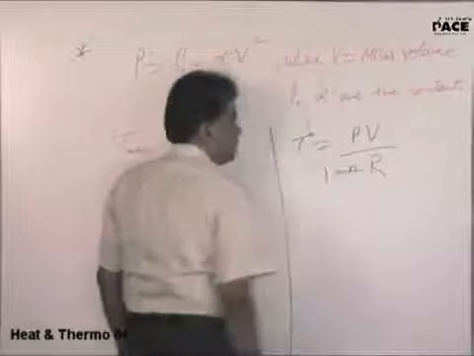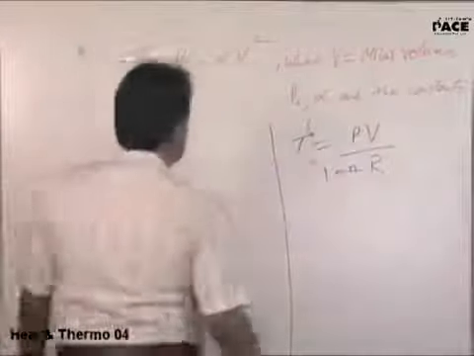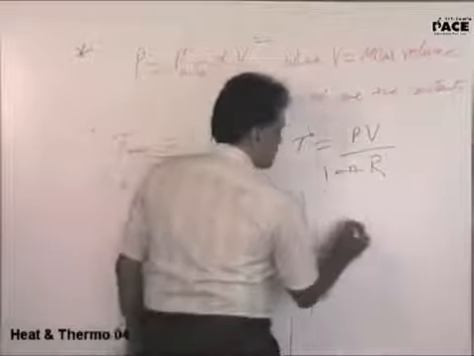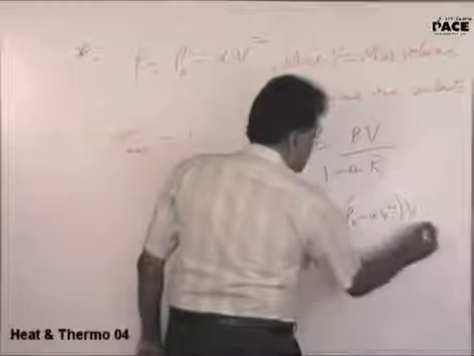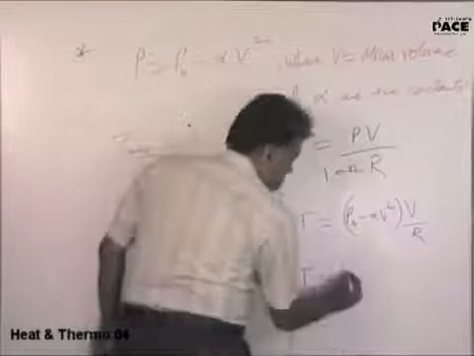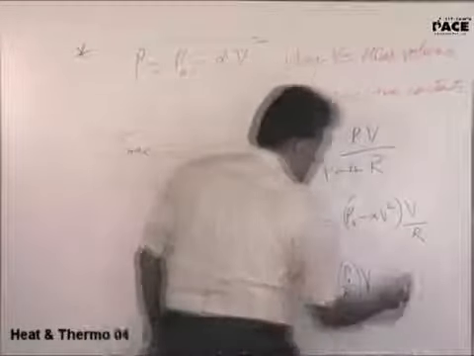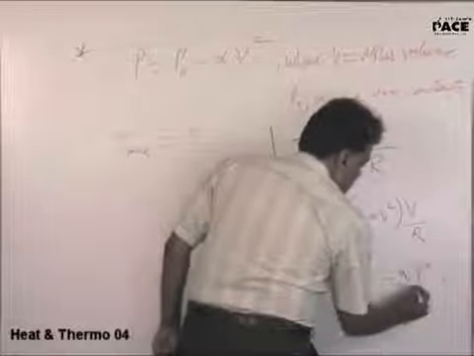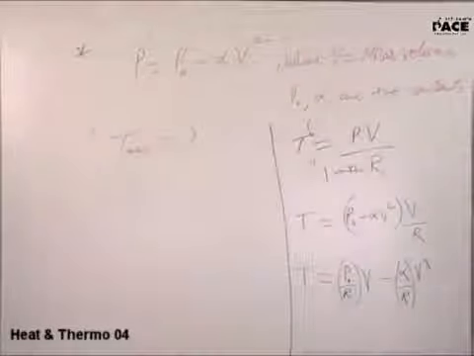Okay, this is the V, the volume of 1 mole. So temperature becomes P naught minus alpha V square times V by R. Or shall I say temperature is P naught by R times V minus alpha V cube by R. So how do we go about for maxima?